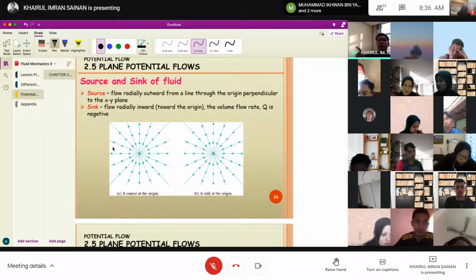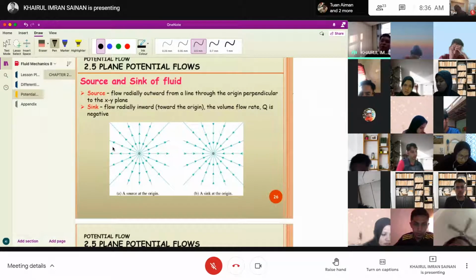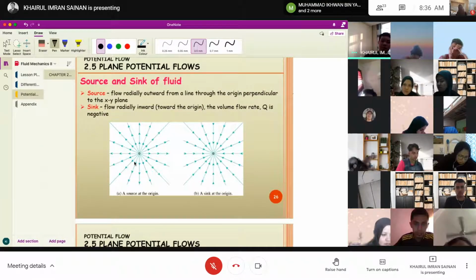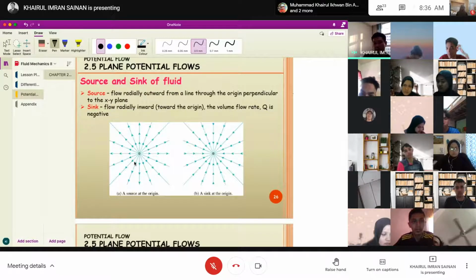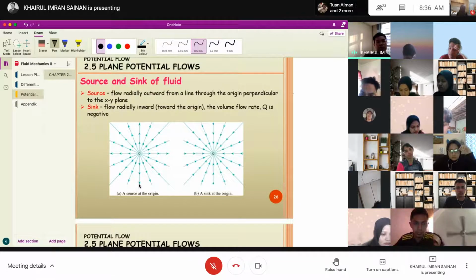The direction of the ripple, where it moves, is actually the streamlines. So as you can see here, this is source flow. At the moment, ignore the sink. Let's focus on the source flow.